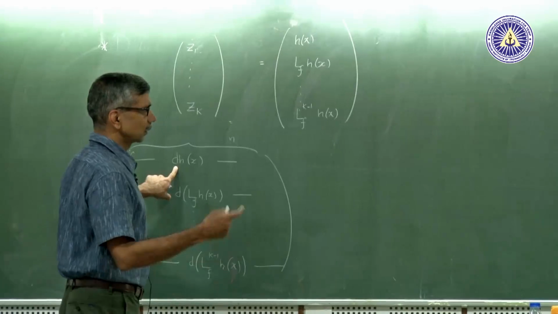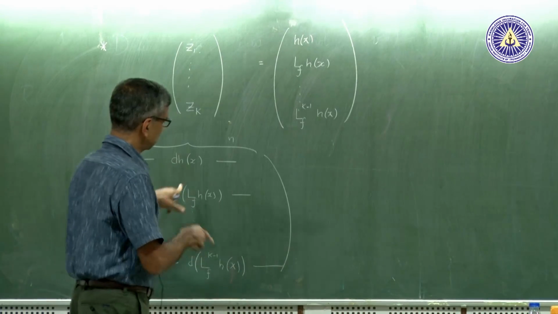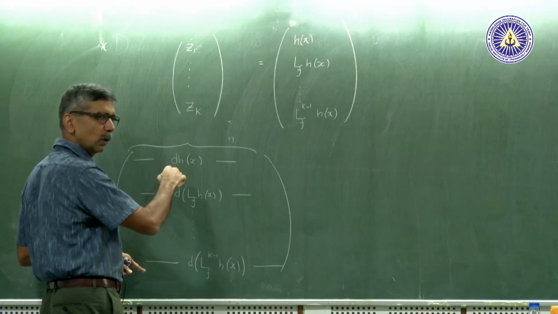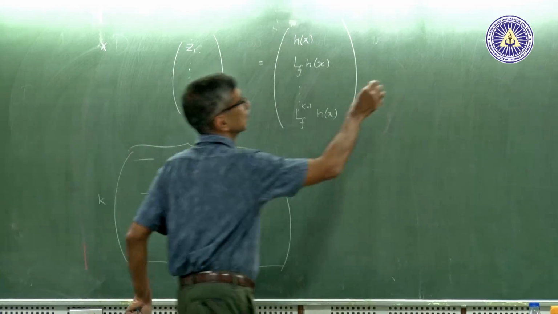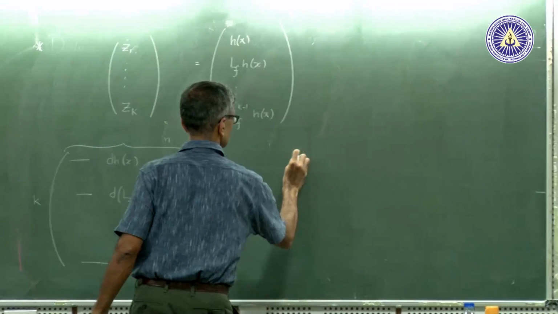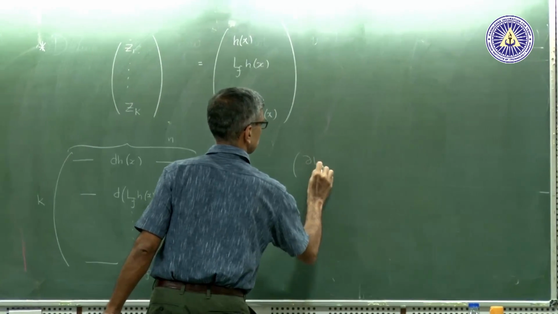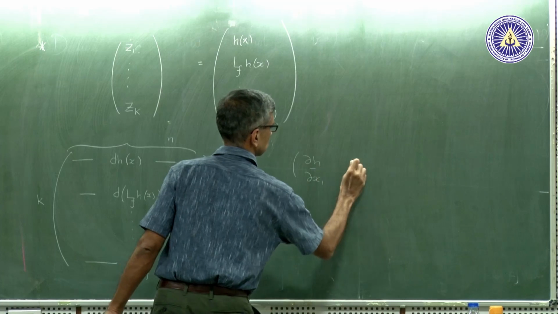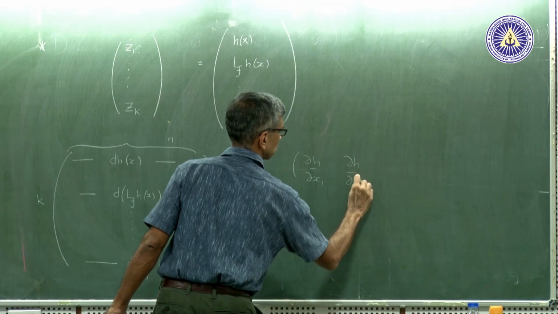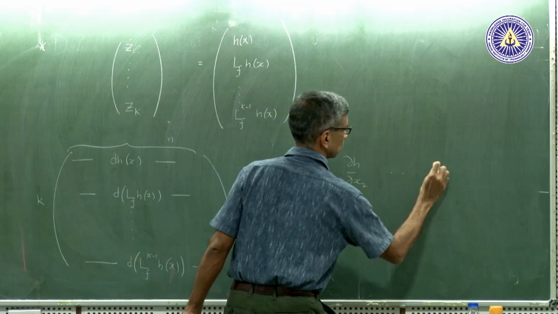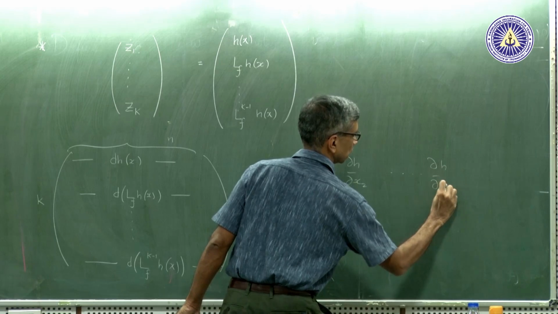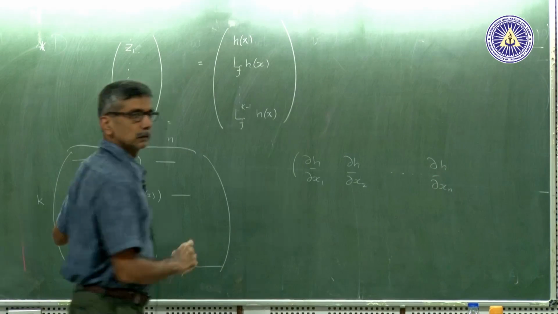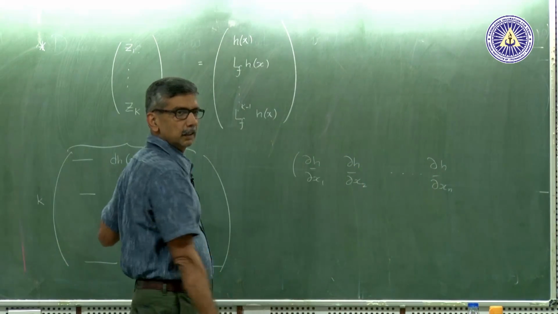D means the gradient, dou h by dou x1, dou h. This is the gradient in Rn.